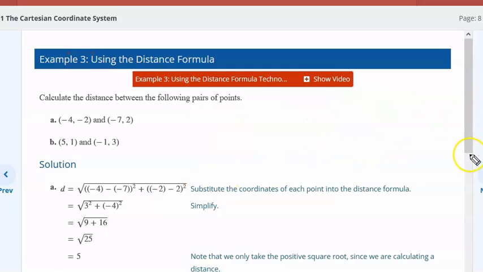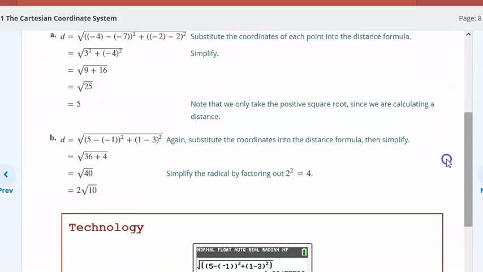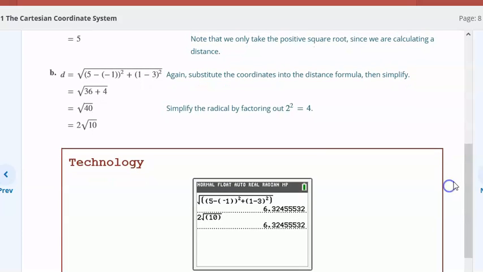All right, let's take a look at the next one. Notice now, after putting in these other values, we don't get a perfect square, but we are asked to simplify the radical 40, and the protocol for that is, is there a factor of 40 that is a perfect square? Yeah, 4 times 10.